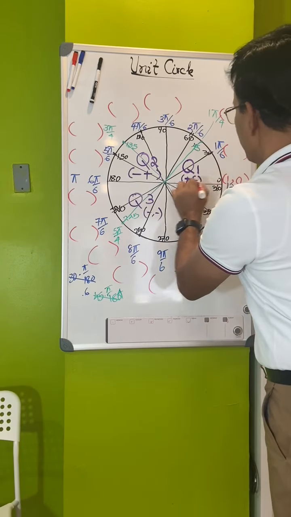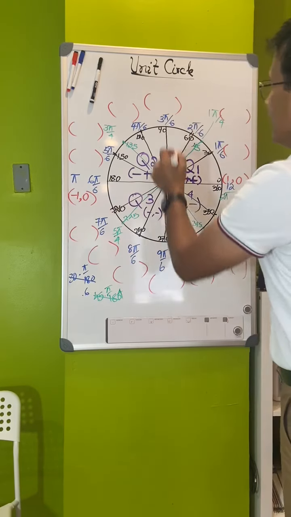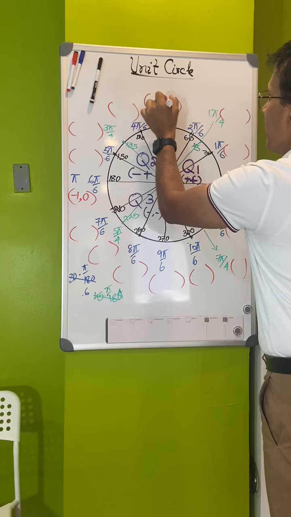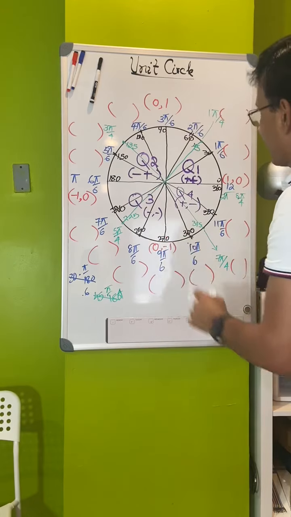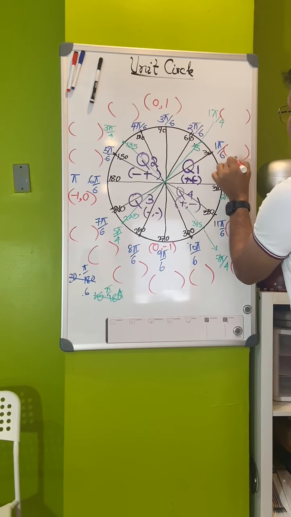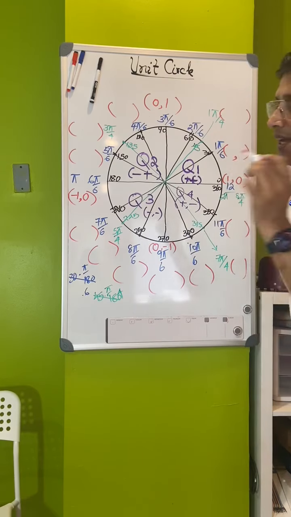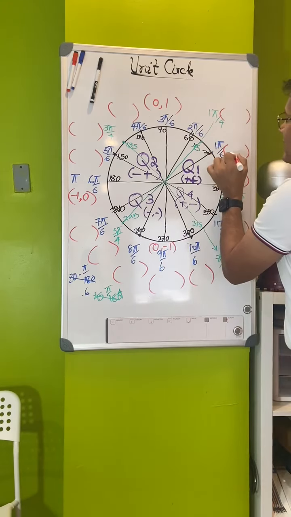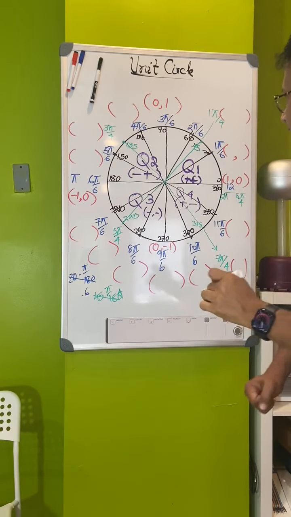And here it is negative 1 comma 0. And here it is 0 and 1. And here it is also 0 and negative 1. Now, here 30 degrees. The first coordinate is always x, the second is y. And you also have to remember the first is cosine theta, and the next is sine theta.